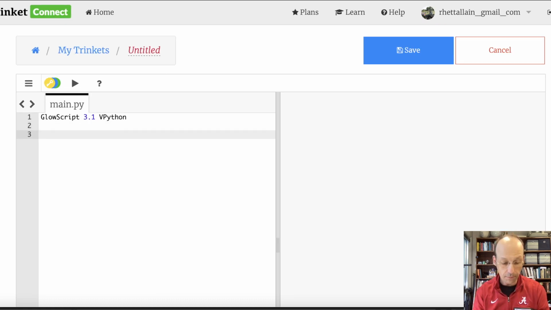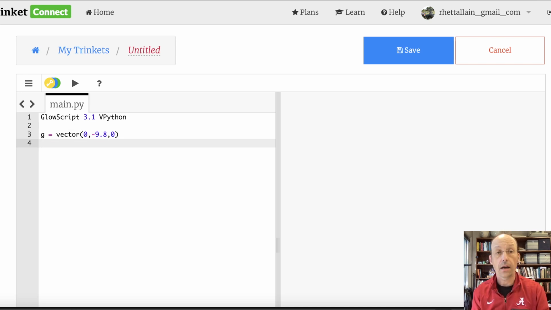Okay, now I need some variables. I'm going to say g equals vector 0, negative 9.8, 0. In the past I used g as 9.8, but now I'm going to use the vector g because I'm doing this as vector forces. So I actually need the vector g. Let's say R10, I called it that before, 0.1, M1 equals 0.1.